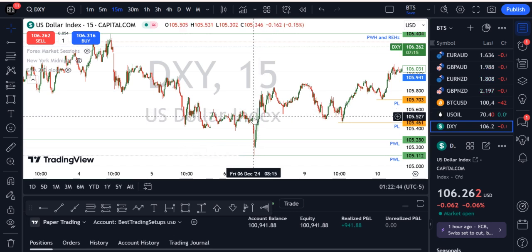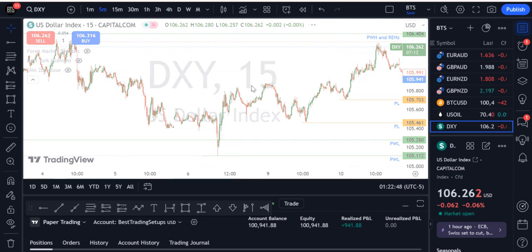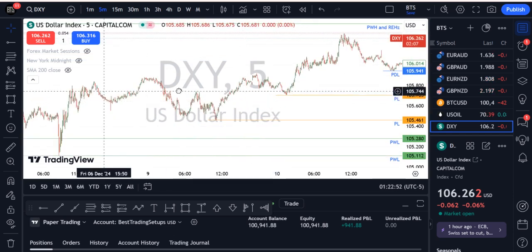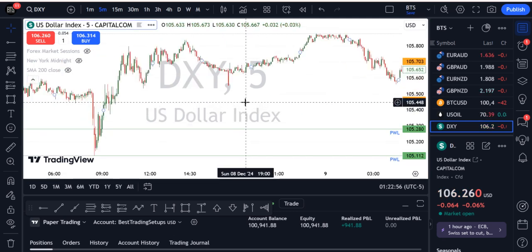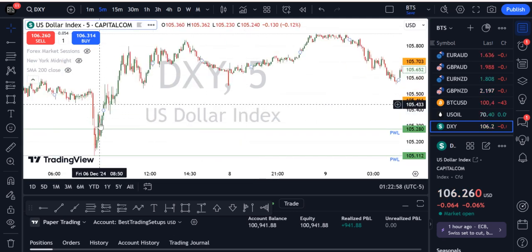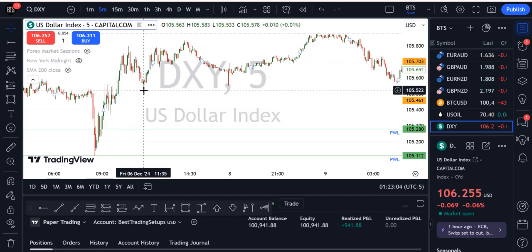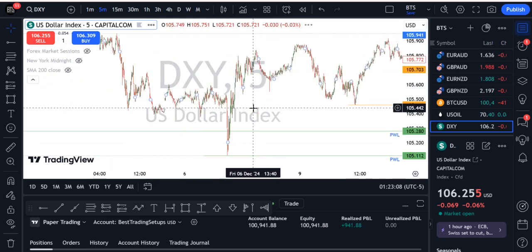As you can see, after sweeping the low, we've been trading higher. So this week I expected DXY to go higher. After we swept the low, you have this fair value gap. Price came to tap into that fair value gap, and we've been bullish since then.